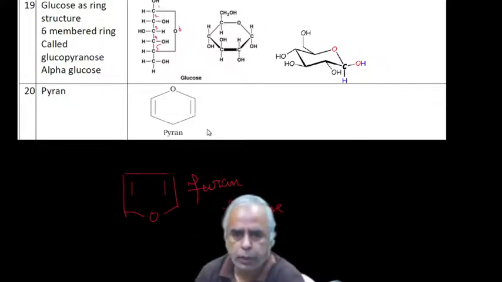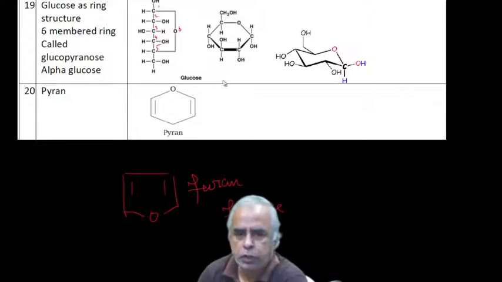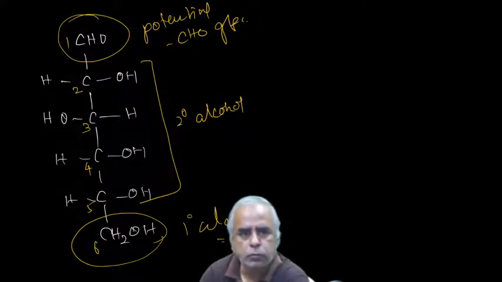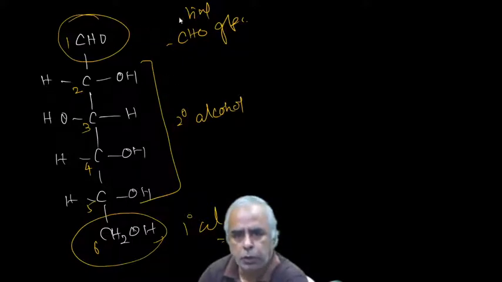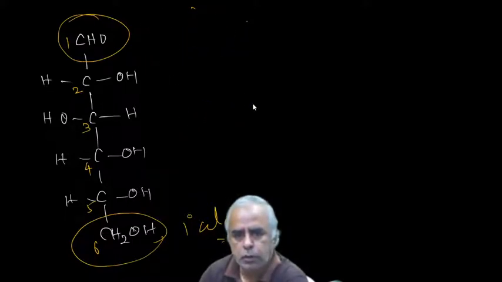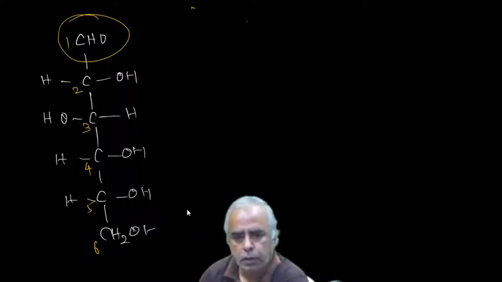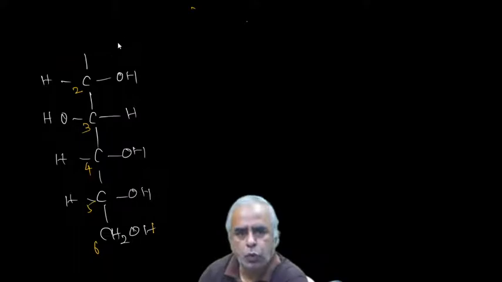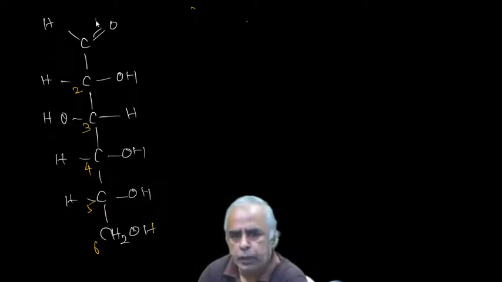Now let me explain how this pyranose ring structure, the hemiacetal ring structure, is formed. Let me go back once again and look at this. This is the potential aldehyde group. CHO can be written as C double bond O and H. We know very well there is a pi electron transfer, so it becomes delta minus.